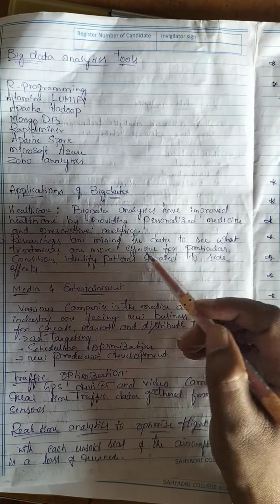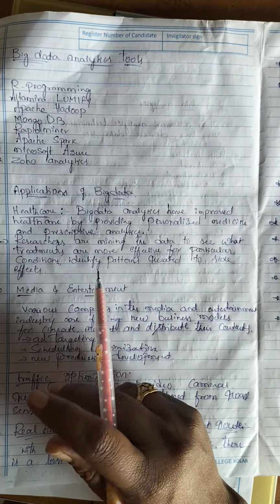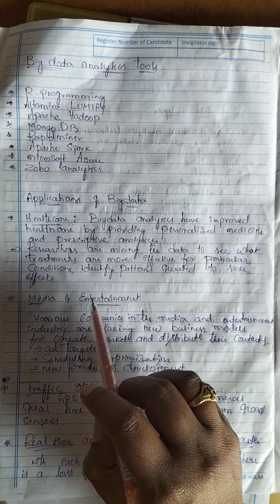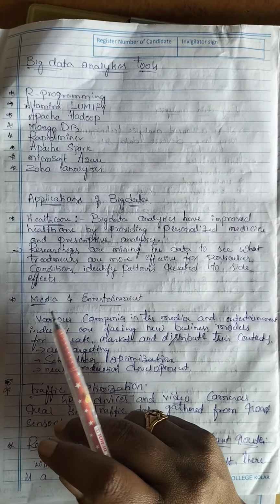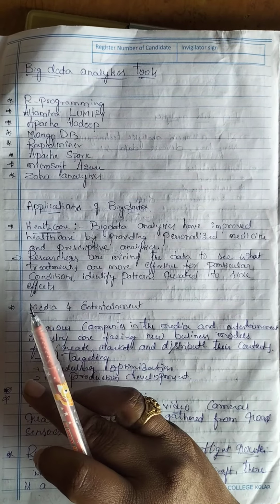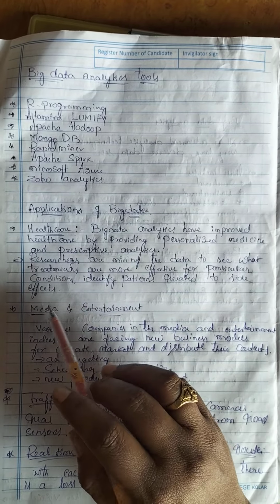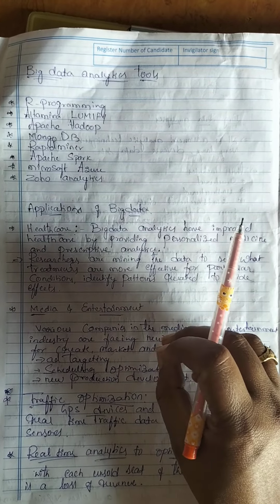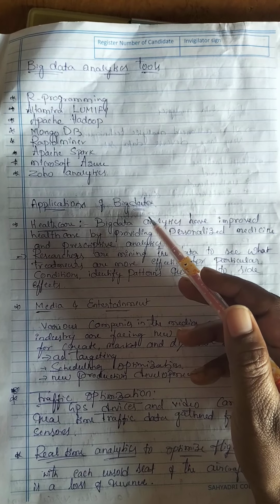Researchers mine the data to see what treatments are more effective for particular conditions, and they can also identify patterns related to side effects. Big data analytics improves healthcare by providing personalized medicines and prescriptive analytics for each and every disease. The prescription for medicines is also provided by big data analytics.